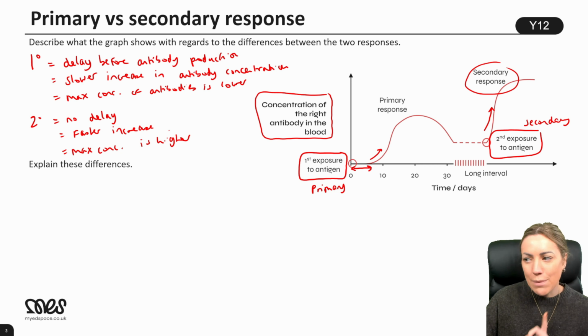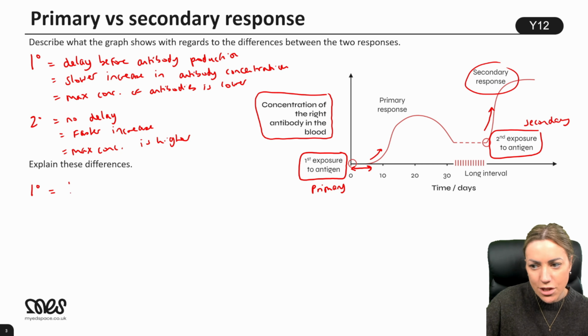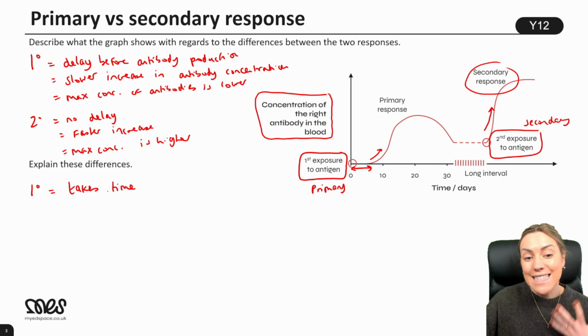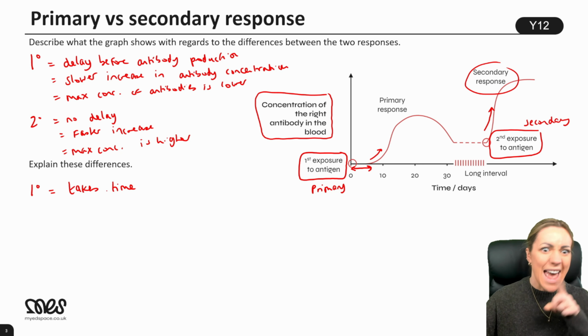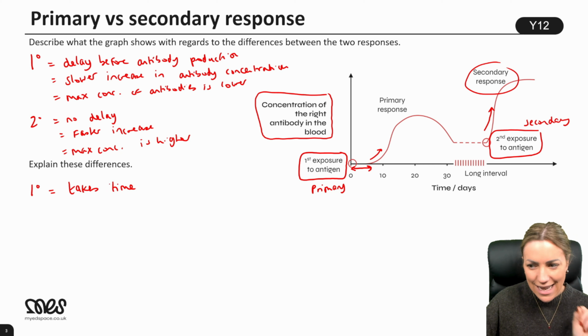So can we explain these differences? Well, the primary response, the first time we are exposed to that foreign antigen, it takes time. Can't just leave it there, can we? But it basically takes time to produce the correct antibody because everything we said on the previous slide has to happen.